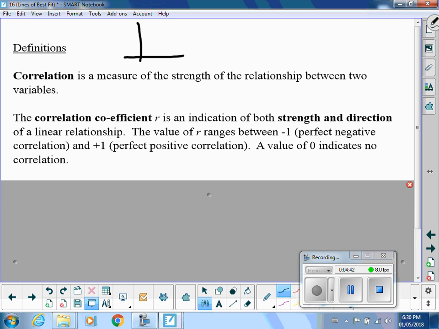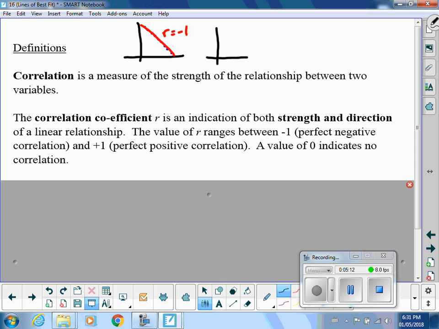For an example of -1, let's add this up here. -1 means that you have a line of best fit, and all of your dots are on that line of best fit, and that line is going down. That is perfect negative correlation. Every single data point is on the same line or curve.